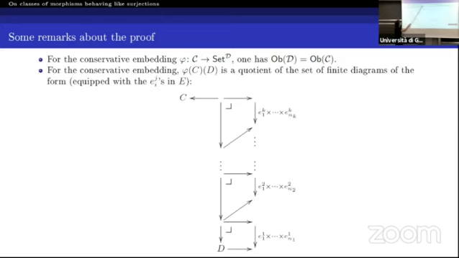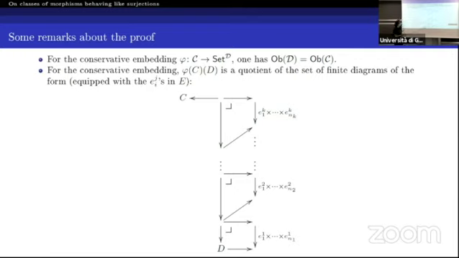And then, for the embedding, if you have an object C and an object D, you should get a set phi of C of D. And this set is a quotient. Again, I'm not going to describe which quotient, but it's not very hard, just a bit long. It's a quotient of the set of these finite diagrams.